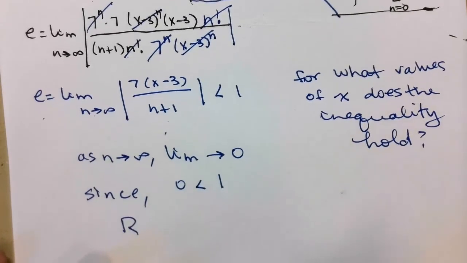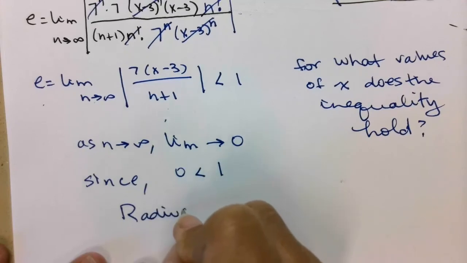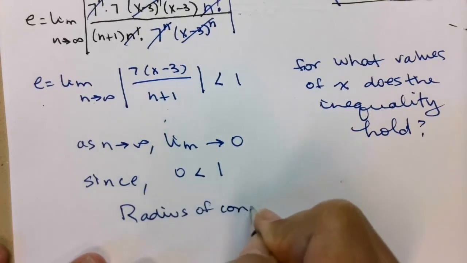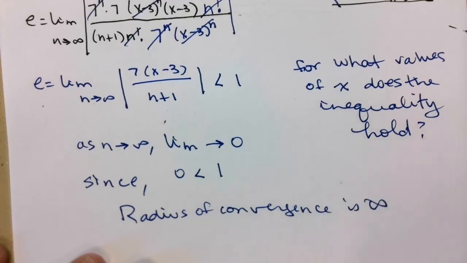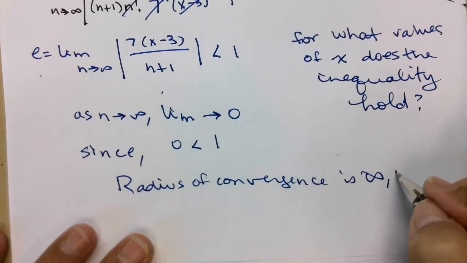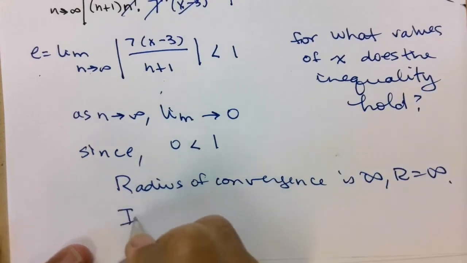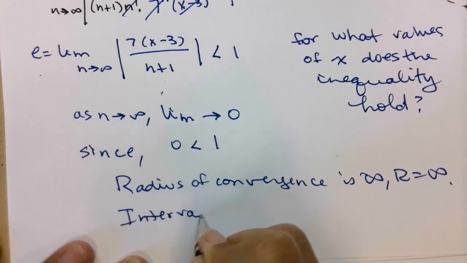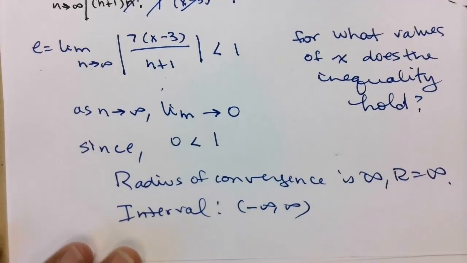It converges, we say it converges for all real numbers. So the radius of convergence is infinity. In fact, you might see some places r equals infinity. And then the interval of convergence is just the set of all real numbers, however you're going to write that.